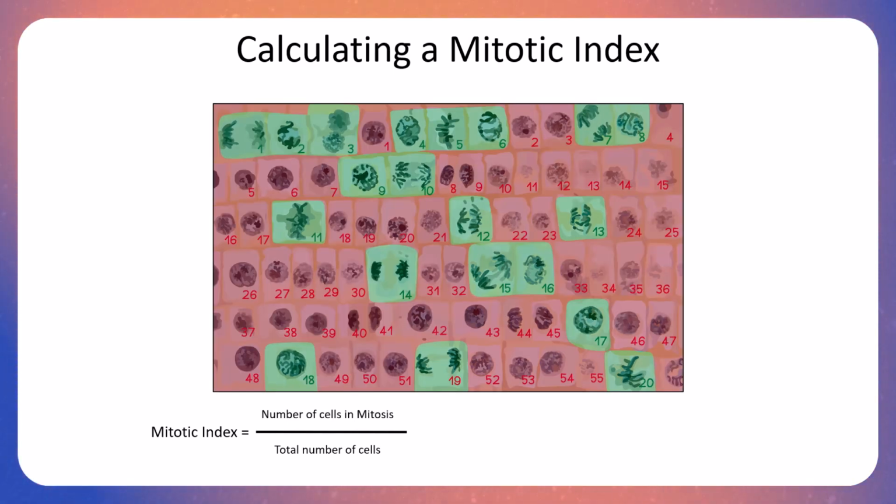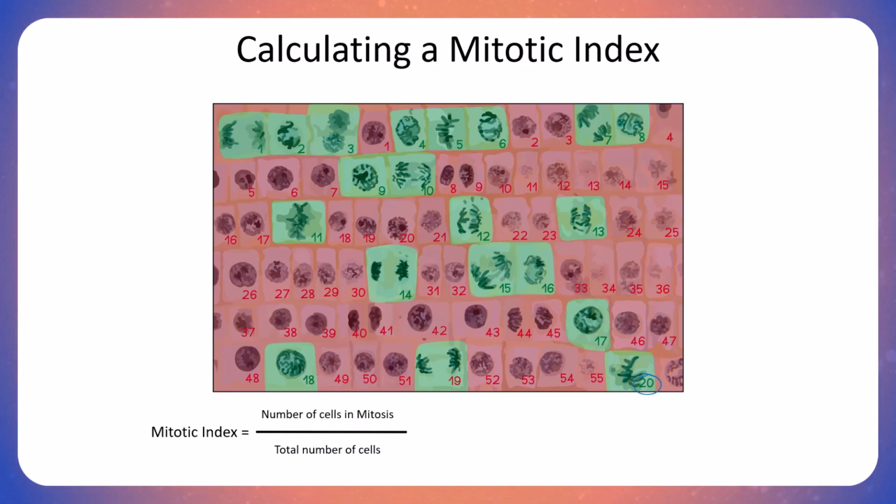So if we count the number of cells in mitosis, you can see the ones that are in mitosis are the ones in green. And I count this sample, this field of view, to have 20 mitotic cells. Okay, 20 cells in mitosis. I also count that there are 55 cells in interphase.